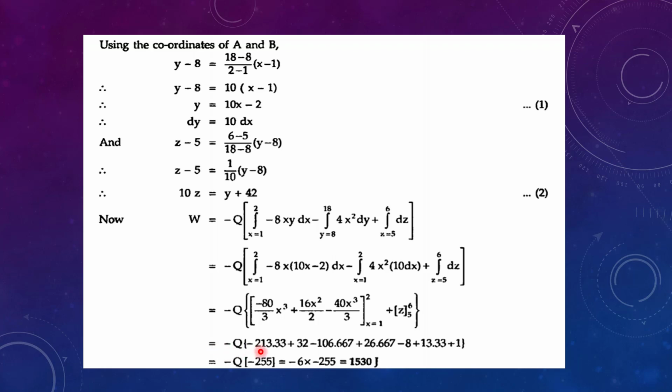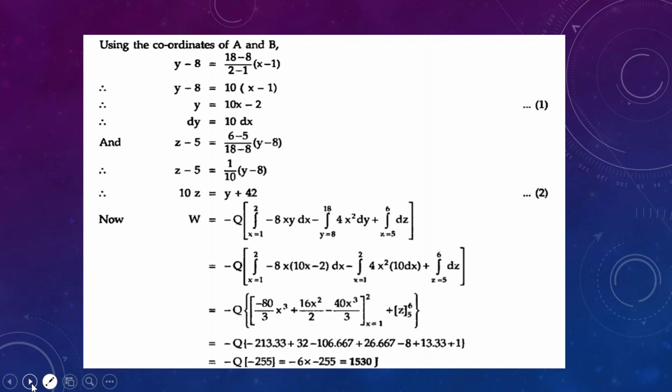Minus q into 80 by 3 x cube plus 16 x square by 2 minus 40 x cube by 3. By putting limits, every time you have to take 2 cubed minus 1 cubed, 2 square minus 1 square, 2 cube minus 1 cube, and then solve all of it. You will get the final answer again equal to 1530 joules.